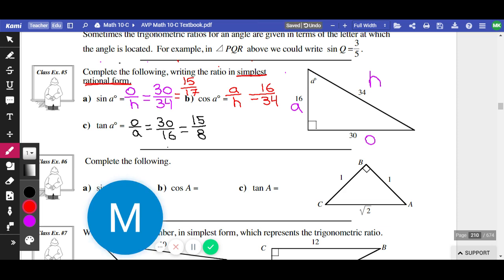The last one, you have 16 and 34. Both of those are divisible by 2, just 2. So it would become 8 divided by 17. You are going to have to write it in simplest form. Okay, so you're going to have to get used to simplifying those fractions.